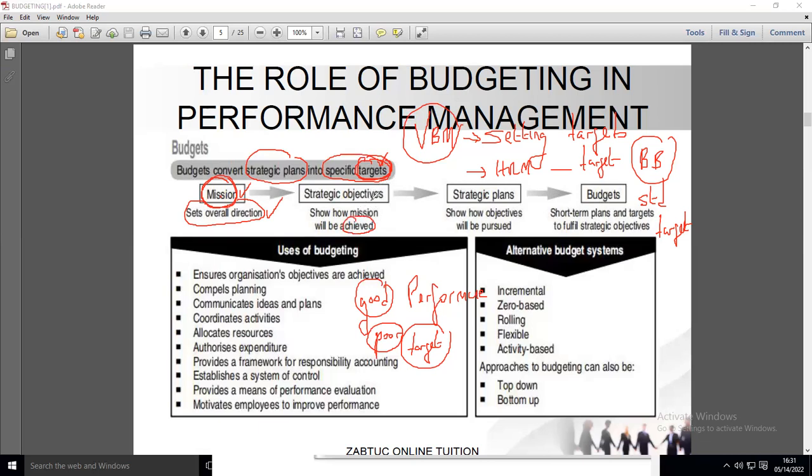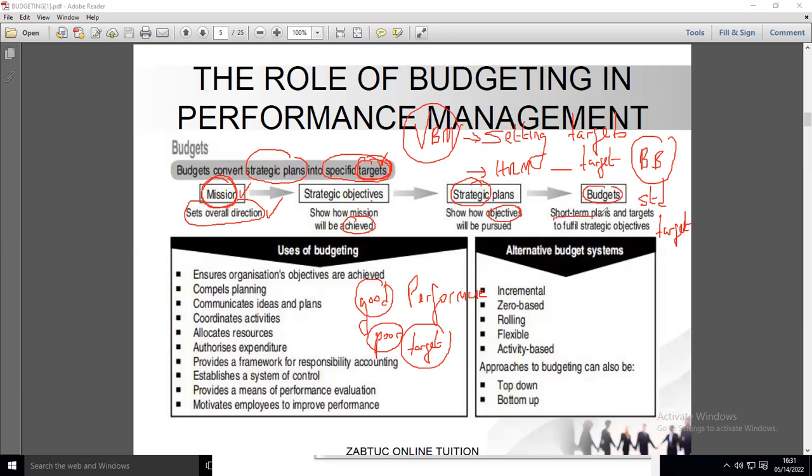Now, once we have strategic objectives, how are we going to achieve these objectives? We need a strategic plan: how objectives will be pursued, how the objectives will be achieved. And from there, we come up with the budgets.